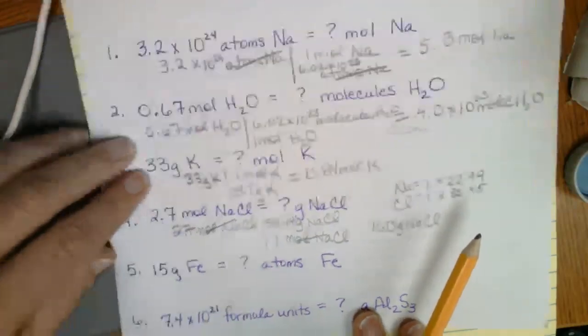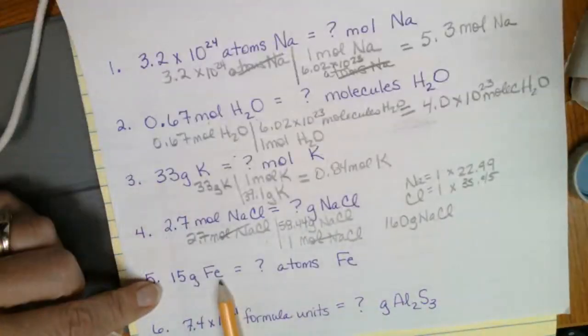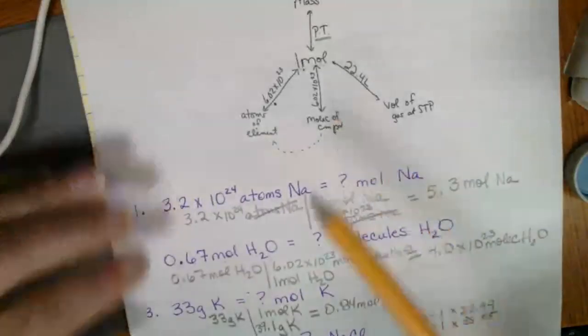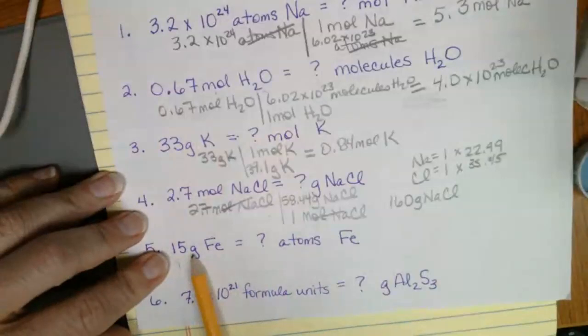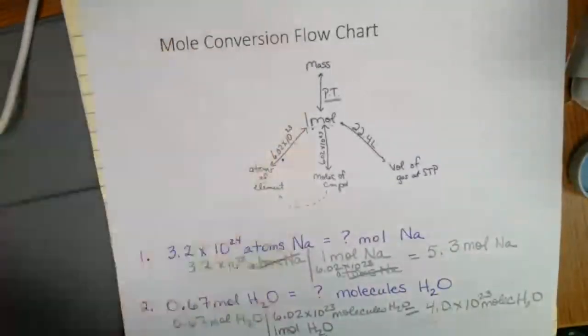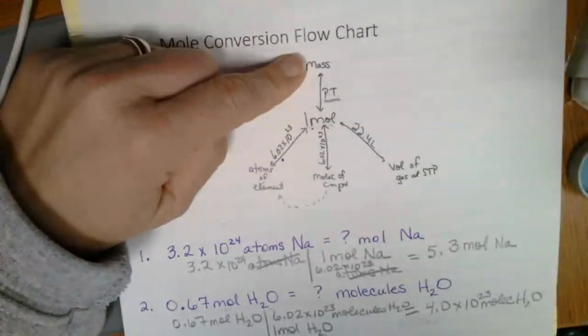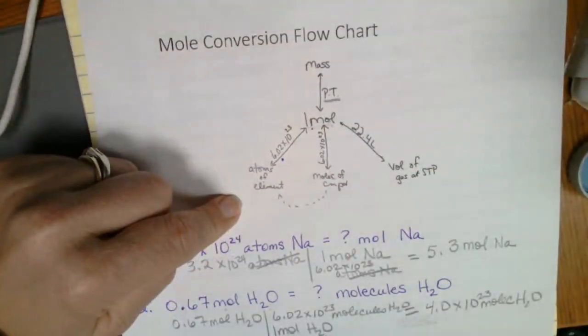Just kidding. Okay, the next one is a big step. Check this out. I'm going from a mass to atoms. Now, if I look at my flow chart and I think about this like an airport map or a bus map, there's not a direct connection between mass and atoms.